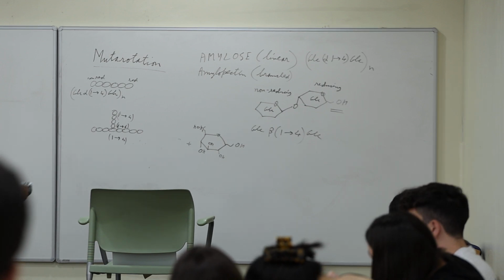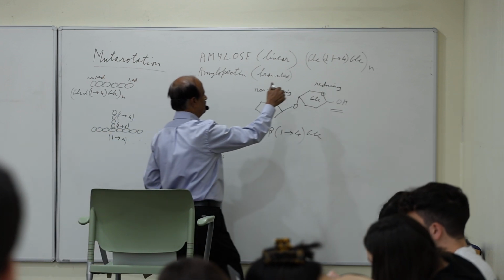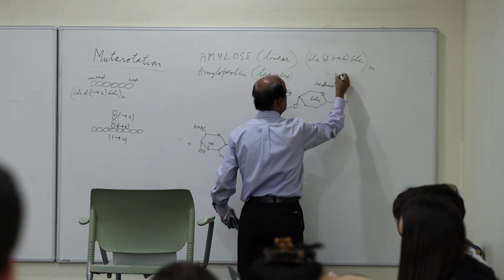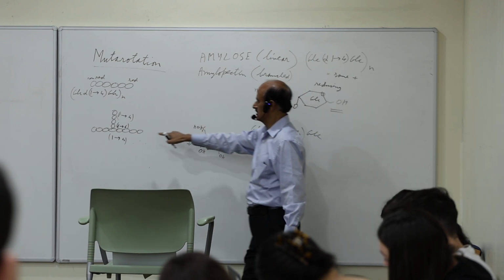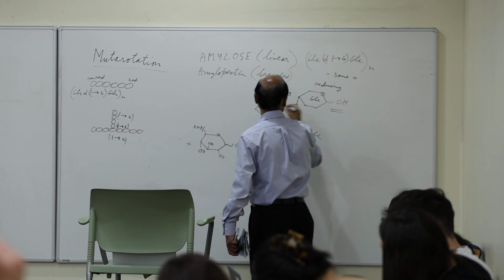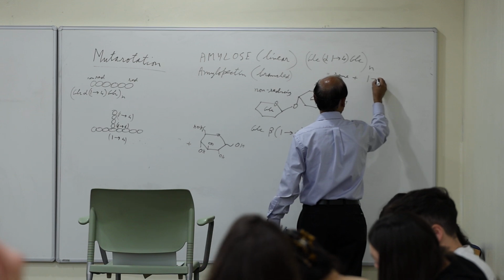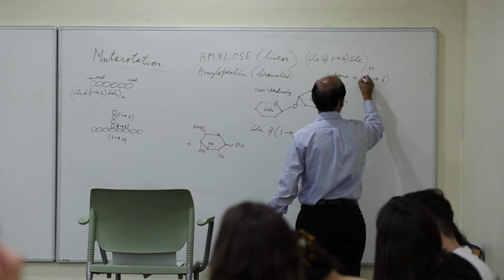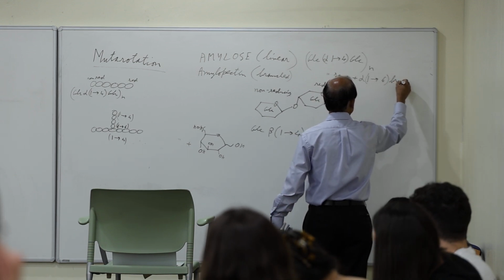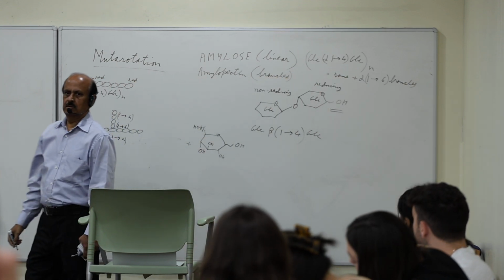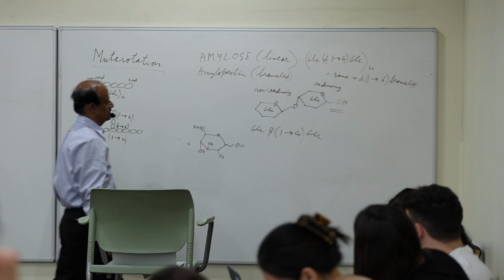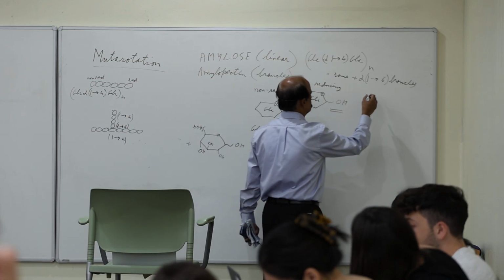And amylopectin is also the same, with occasional branches. That means some of the sugars will have alpha 1,6 branches. And the percentage of branches is about 4%.